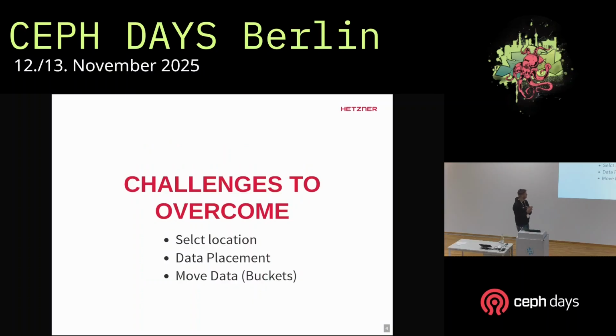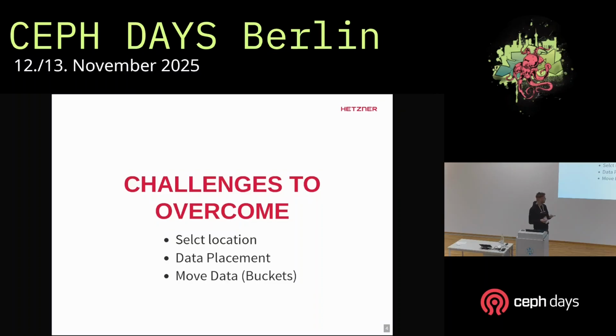The challenges we had to overcome: selecting the correct location for the customer at the point in time where they request the new bucket. That's a selection we had to do: is the cluster healthy?